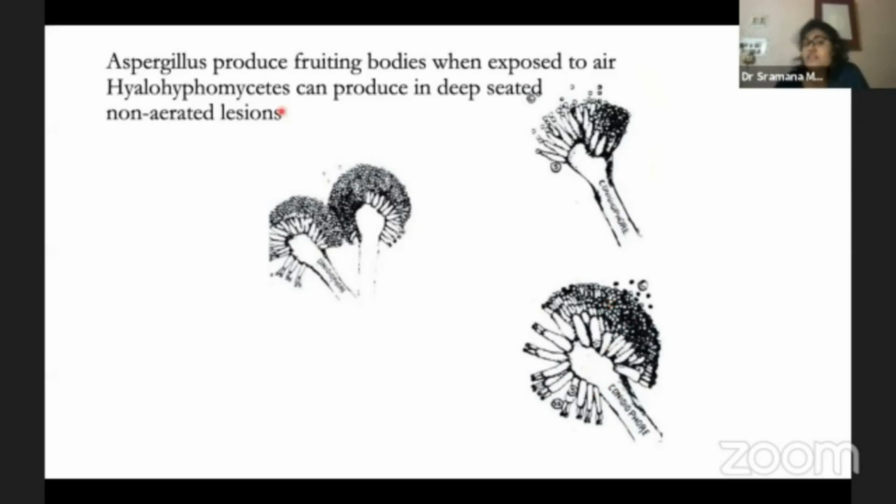Hyalohyphomycetes, that is the hyaline fungi other than Aspergillus, can produce fruiting bodies in deep-seated non-aerated lesions. So if you see a fruiting body from a non-aerated lesion, then certainly you will not think of Aspergillus species.